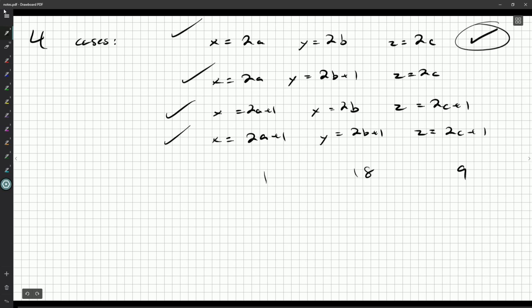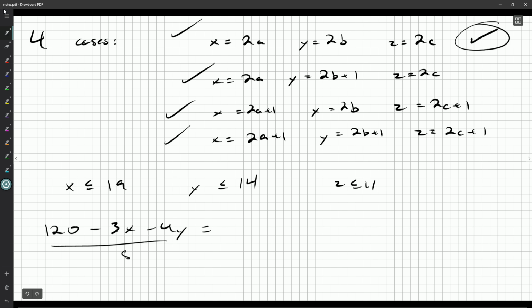What's the bare minimum x I need to ensure that y and z are smaller than these limits? So I know x is at most 19, y is at most 11. No, not 11. Z is at most 11. Y is at most 14. And we know 120 minus 3x minus 4y is equal to 5z, so divide by 5 there. So we should be able to get a handle on what z is.